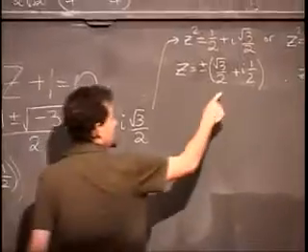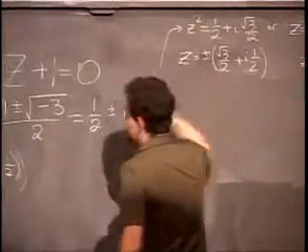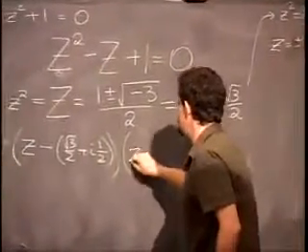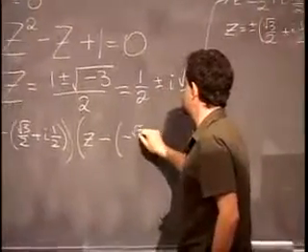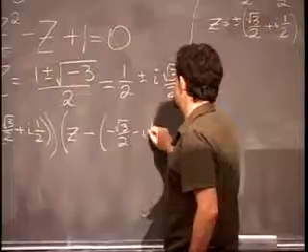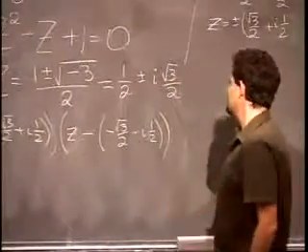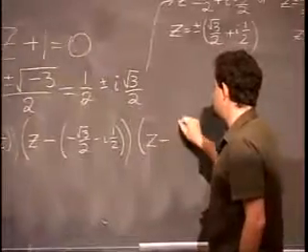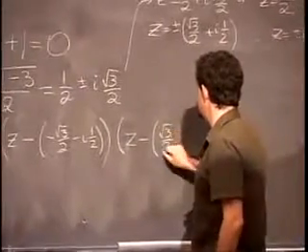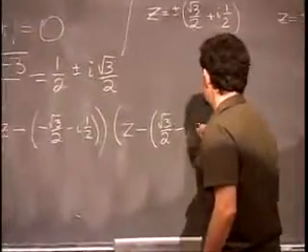Now let's use the same solution with the minus over here, and we'll have z minus root 3 over 2 minus i times 1/2. That's from the first pair. The second pair, I get z minus root 3 over 2 minus i times 1/2.